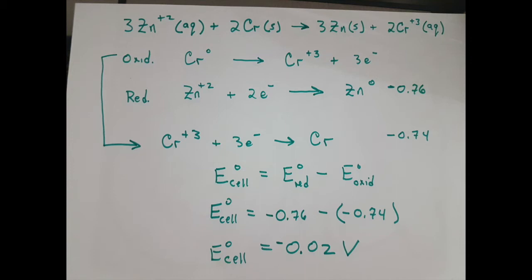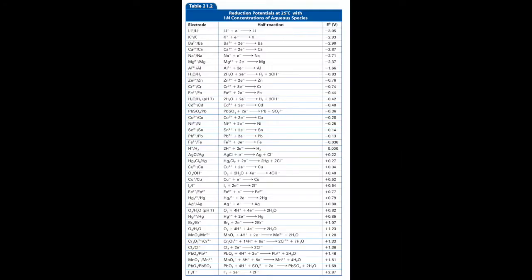Now you're going to look that up. Let's look it up. Hold on. So you look them up on the table, and around the ninth one down is zinc plus 2 to zinc metal, zero charge, and that's negative 0.76.